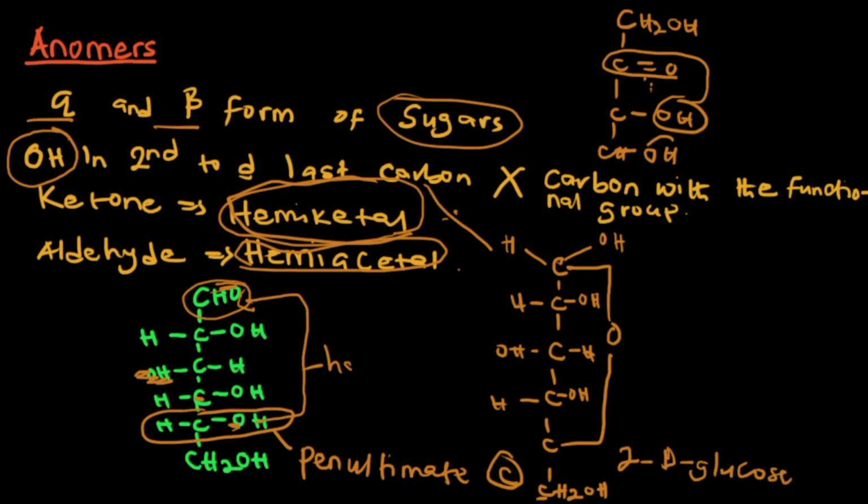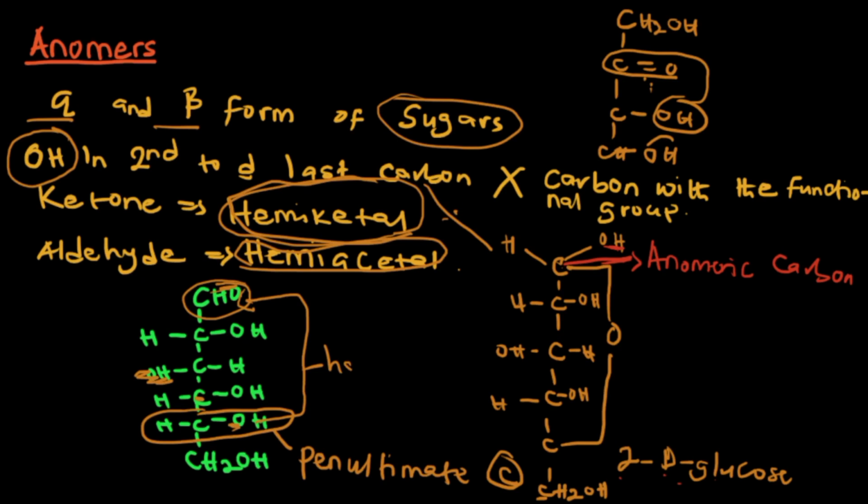This carbon is called the anomeric carbon. When the OH group is attached to the right, like in this case, it is called alpha D glucose, alpha galactose, or any kind of alpha sugar.